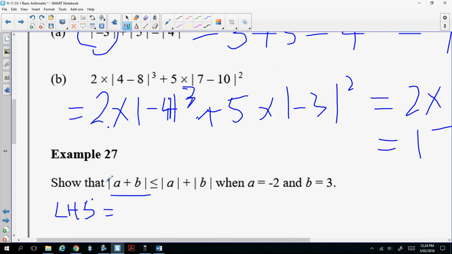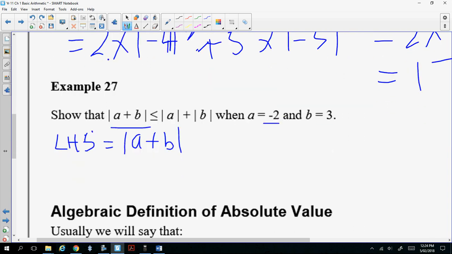Let's do A plus B using these numbers, which is absolute value of -2 plus 3. -2 plus 3, and that becomes +1, isn't it?